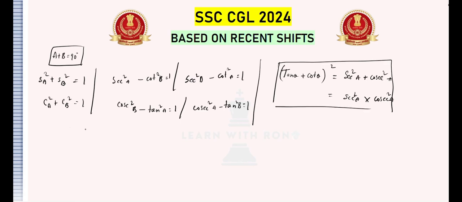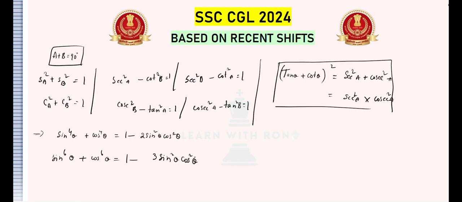And simply this sine power 4 theta plus cos power 4 theta value, which is 1 minus 2 sine square theta cos square theta, and also sine power 6 theta plus cos power 6 theta value, which is 1 minus 3 sine square theta cos square theta. Okay. Try to remember those also.